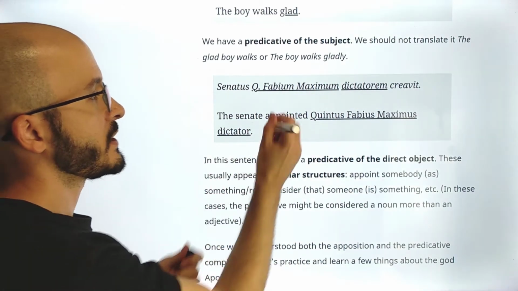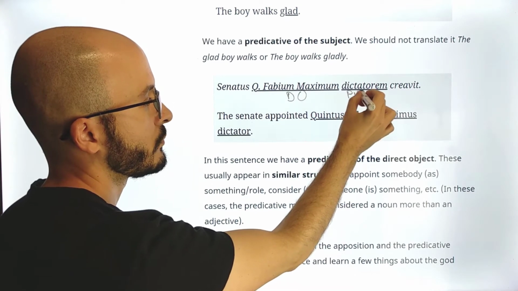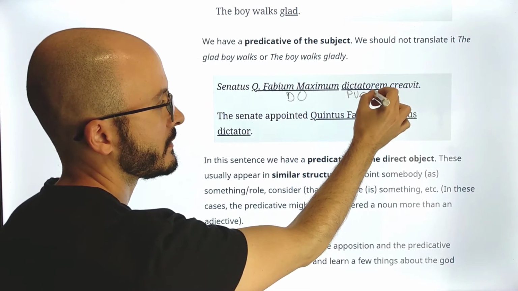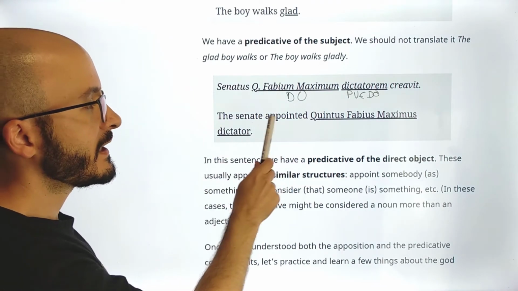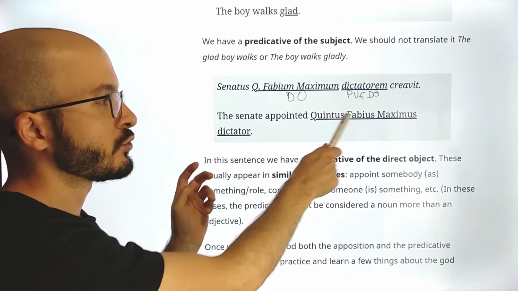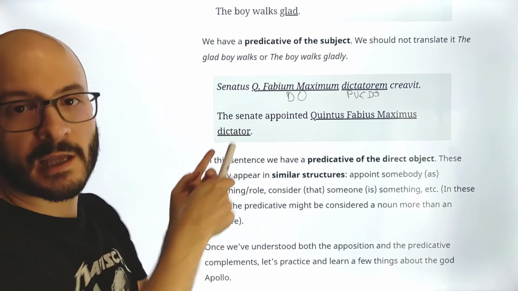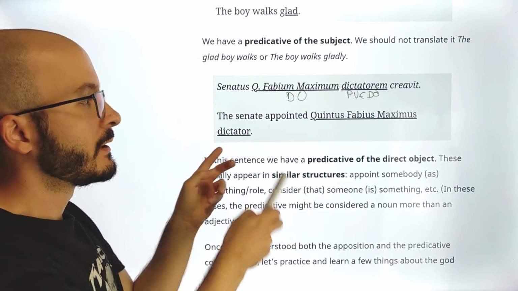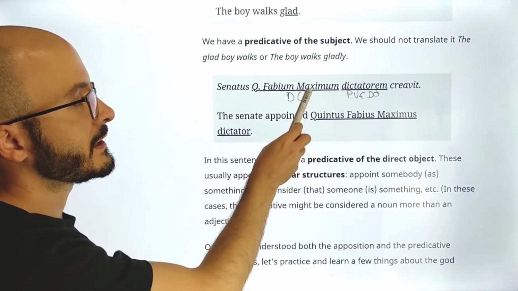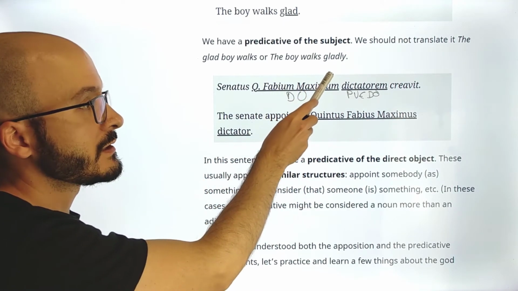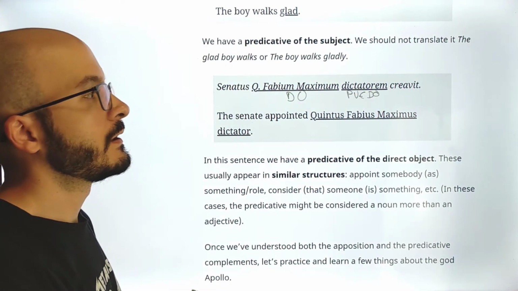So this phrase is the direct object and this is the predicative of the direct object. Okay, so we see that the Senate appointed who? Quintus Fabius Maximus, and they appointed him what? Dictator. And of course, dictator refers to Quintus Fabius Maximus. And if we go to the Latin sentence, we see that it is accusative, masculine, singular, accusative, masculine, singular. Agreement in all the three features.